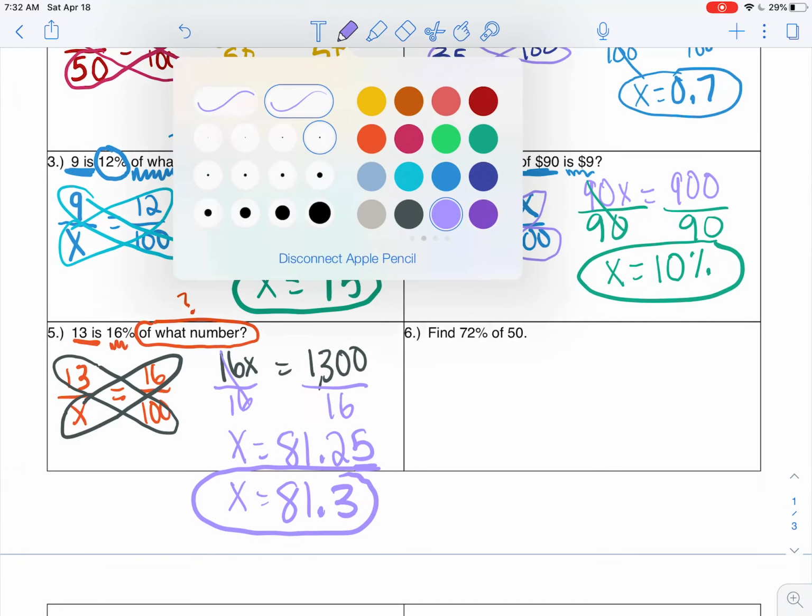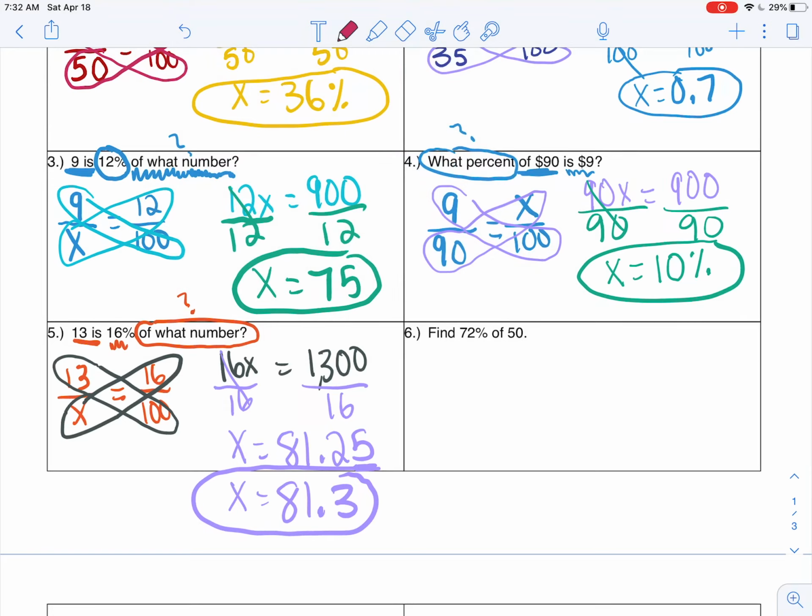And last example here. Find 72% of 50. Okay, so I know 72 is the percent and I know of is 50. So I'm missing what is. I don't know what is. That's what I'm finding. So x over 50 equals 72 over 100.